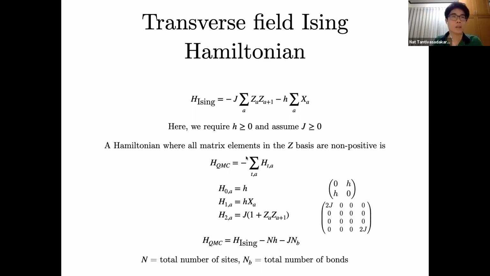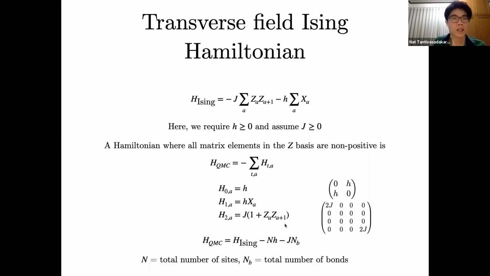Now we won't be simulating this exact Hamiltonian. We'll instead be simulating another Hamiltonian, HQMC, which is related to the original Hamiltonian by some constant. The constant is added so that, for example, for each Ising term, ZZ has eigenvalues +1 or -1, which is bad. So you can add 1 so that the eigenvalues of this term are always either 2J or 0. That allows us to treat this as classical weights.